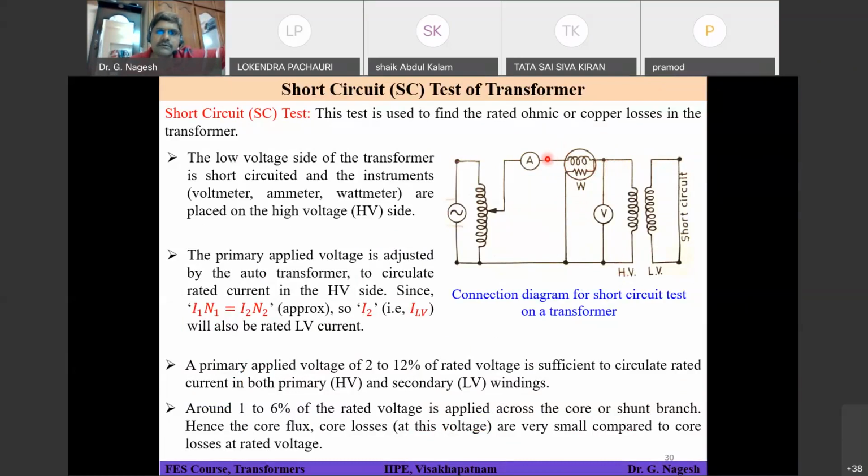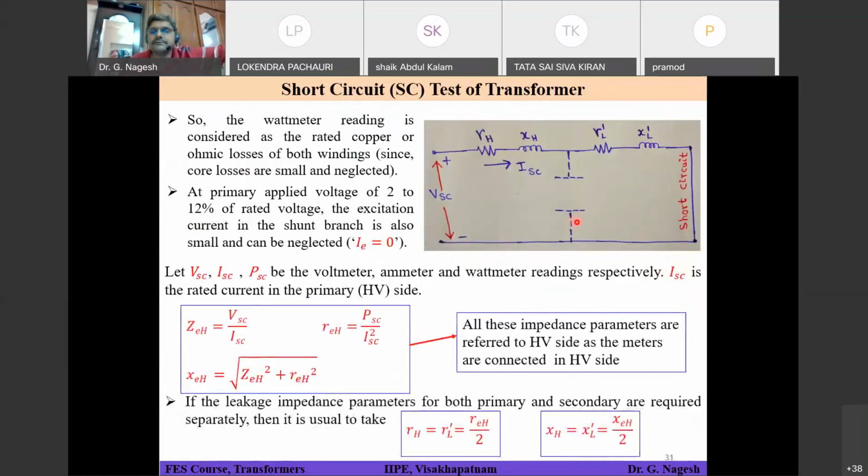So R1, L1 will be here and R2, L2 will be here. If the secondary resistance is transferred onto the primary side, and the secondary reactance is also transferred onto the primary side, and your excitation current is very small and you are neglecting it, then in that scenario this is your circuit. Got it?